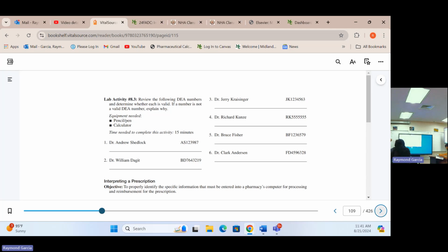And we got that times 2. 12. Is that valid or invalid? Invalid, because this number has to match that 7, the very last number.